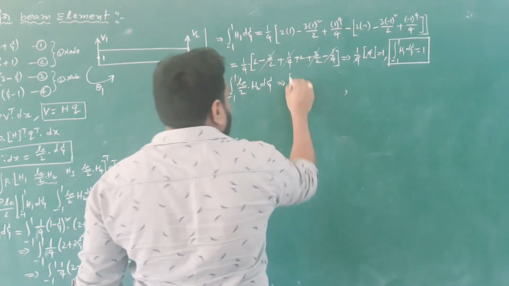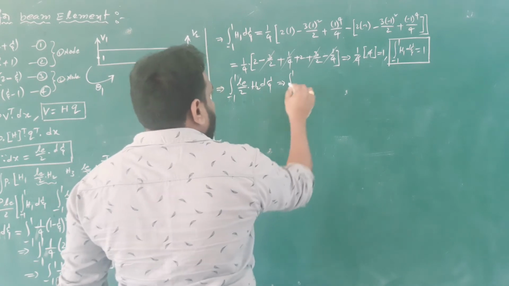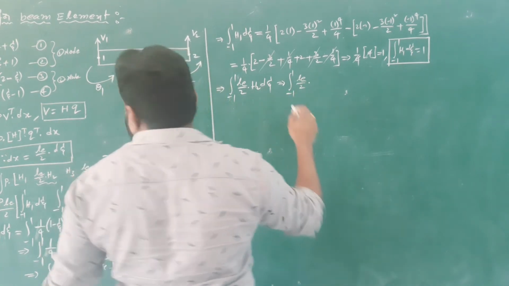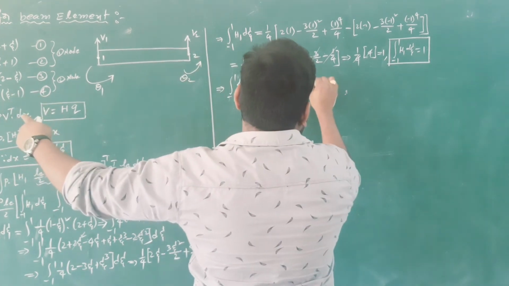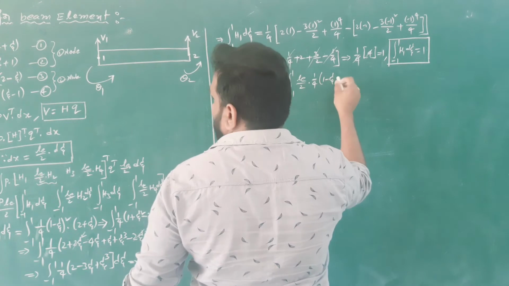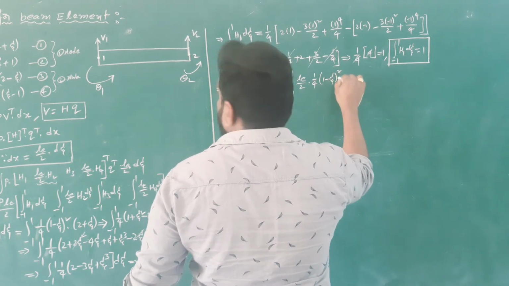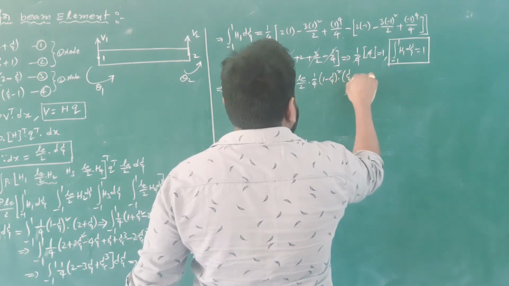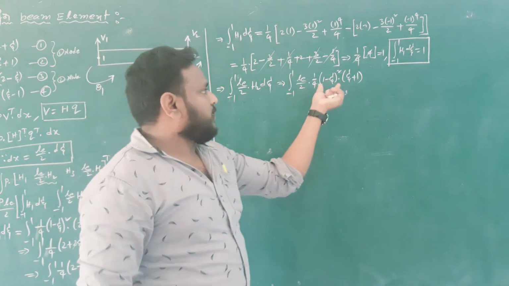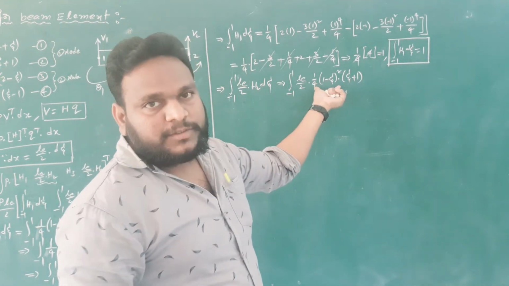Minus 1 to 1 LE by 2 into h2. H2 means 1 by 4 into 1 minus j whole square into j plus 1. Now this is like a minus b whole square equation.